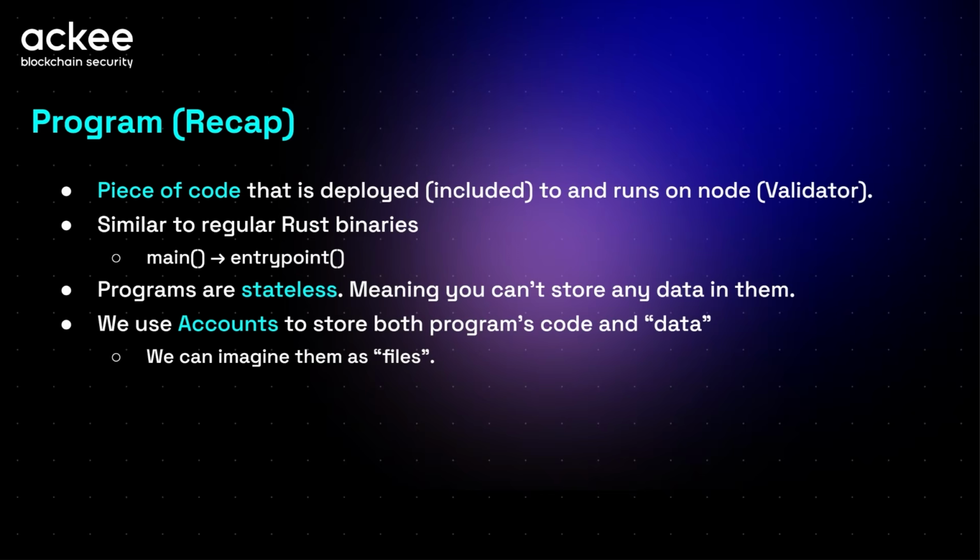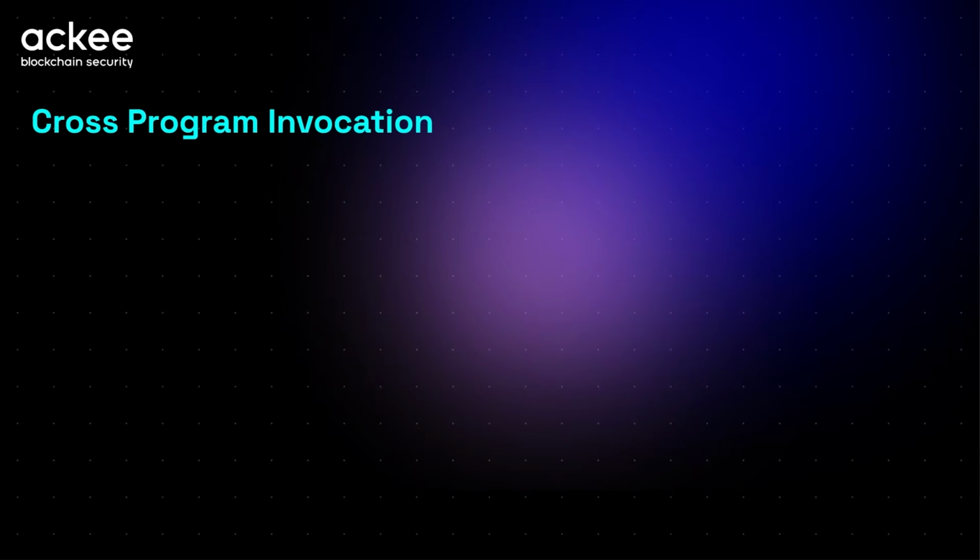Last but not least, we use accounts to store, as I said, data and also the program's code. You take the source code and call, for example, anchor build or cargo build-sbf. These two commands create the .so binary, and you deploy this to the Solana network. So this is the recap, and now let's continue to the Cross Program Invocation.